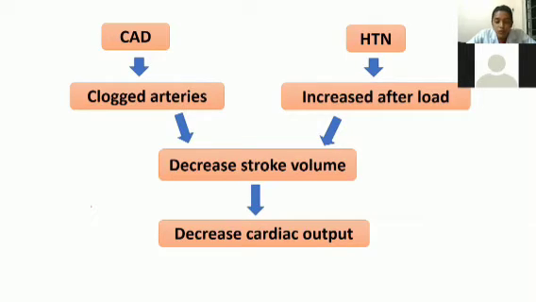Afterload means the resistance is increased, so stroke volume is decreased, and finally the cardiac output is decreased. Due to this decreased cardiac output, three main things can happen, and the heart failure will occur.